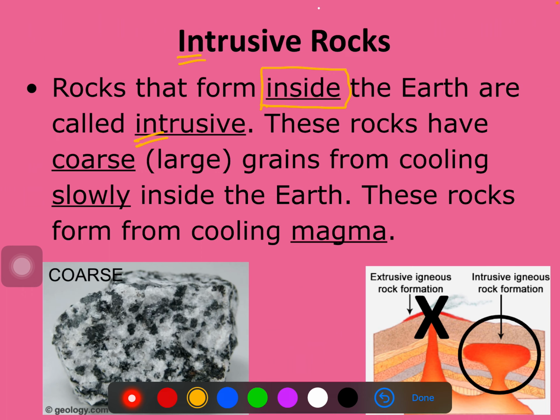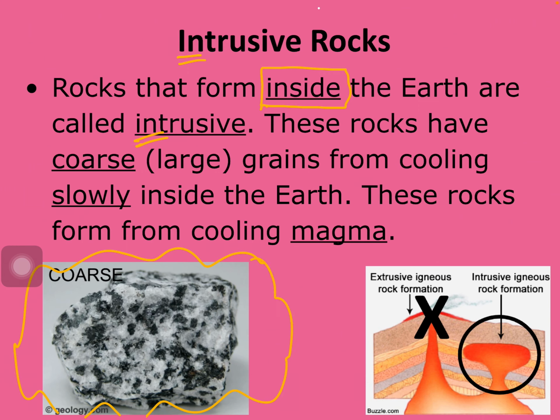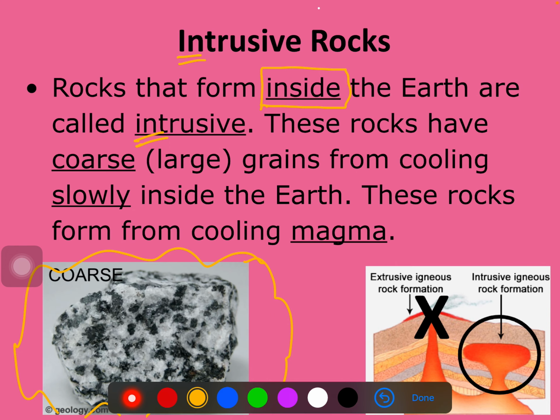And these rocks inside the earth typically look like this. They're what are called coarse-grained or coarse-textured igneous rocks because of how slowly they have cooled over time. Being made inside the earth, they are from cooled magma. And so that magma is essentially, I like to think about it, like inside the oven of the earth. So it cools slow, allowing these grains to grow.